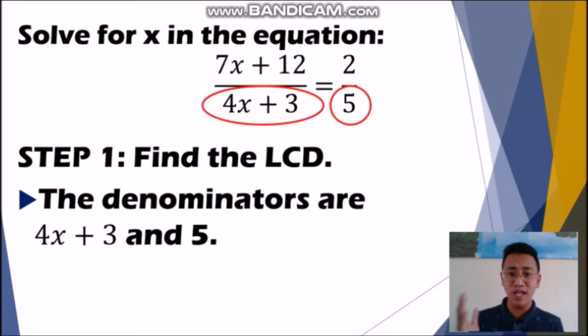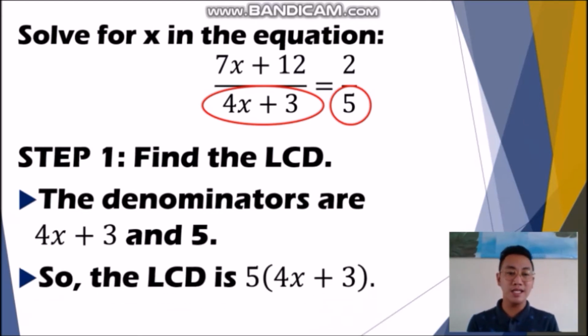Again, can you think of a number that can be divided by both 4x plus 3 and 5? Okay, our trick applies here. If you couldn't think of any LCM, then multiply the two terms. So our LCD is 5 times (4x plus 3). We just multiply them to become our LCD.